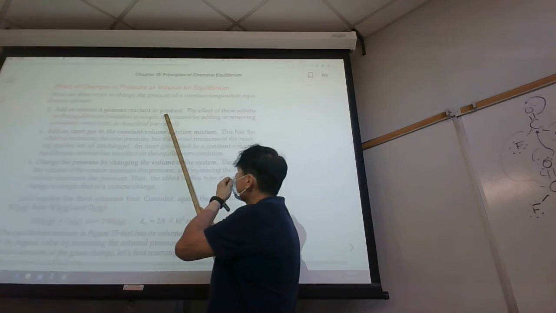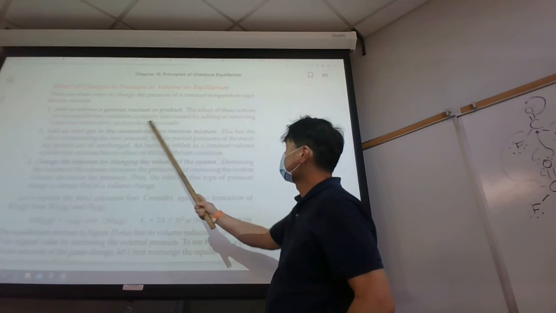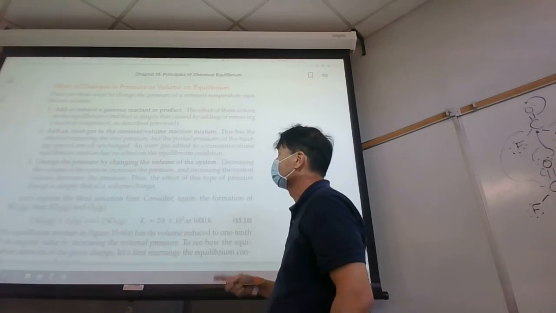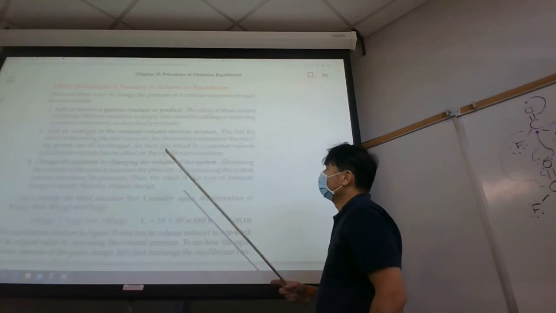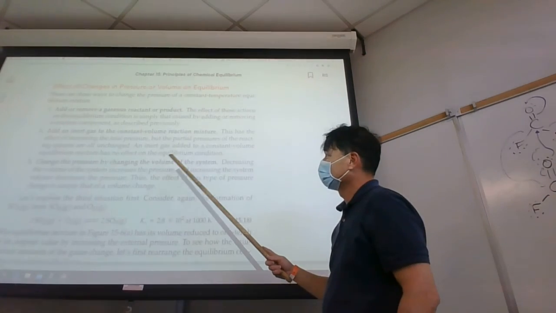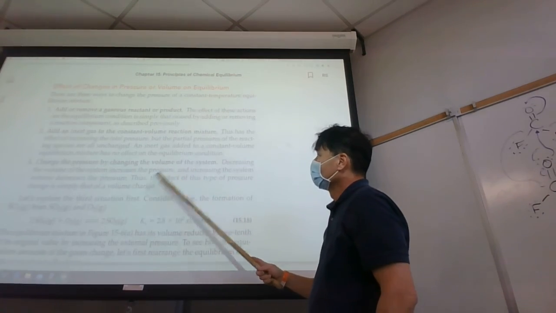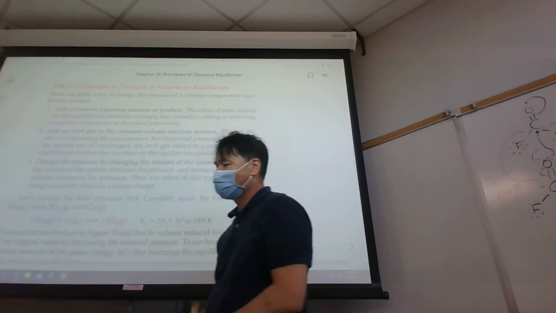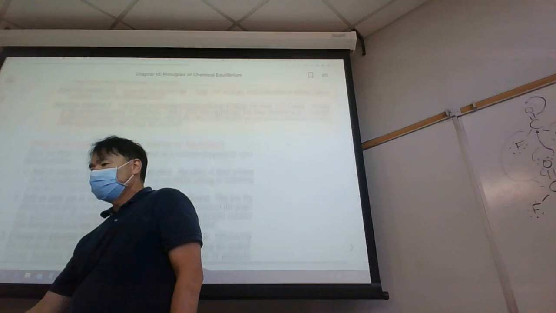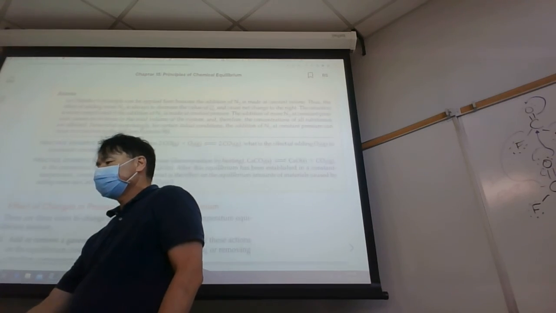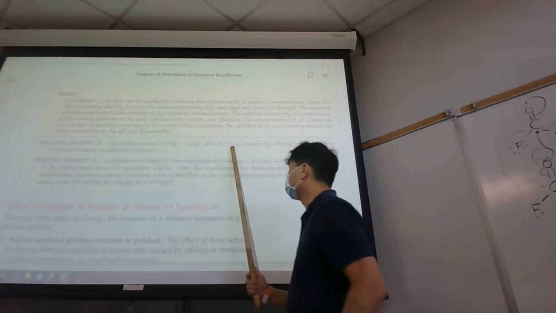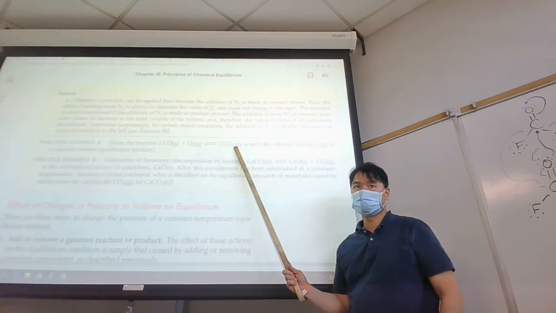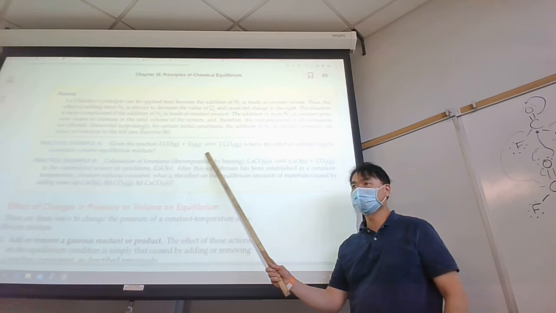Add or remove gaseous reactant or product. The effect of these actions on the equilibrium condition is simply that caused by adding or removing the reaction component as described previously. In other words, it's going to shift it one way or the other. If we add an inert gas, which means it doesn't react, let's say I add more nitrogen to this, or add more helium to this, does nitrogen or helium play any role in this?